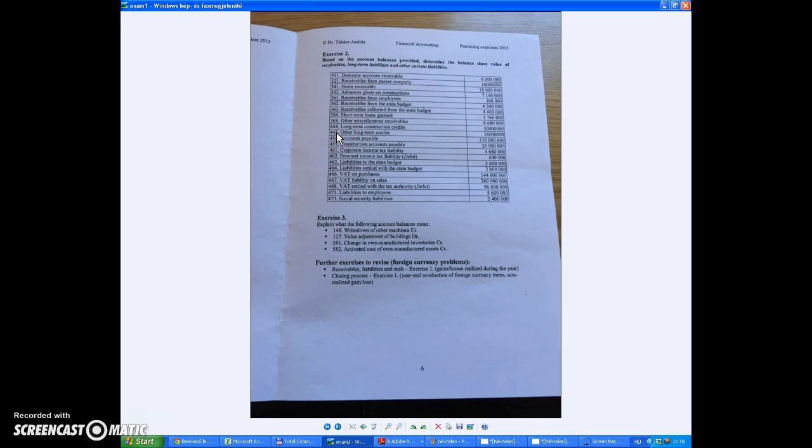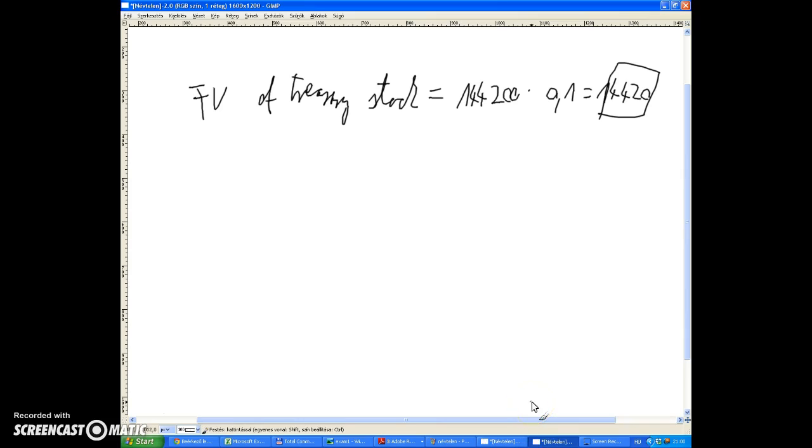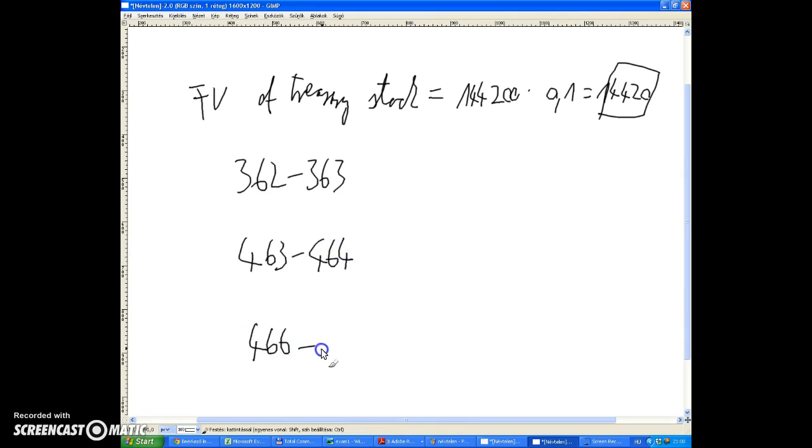But we also have to watch out for three groups of accounts, and let me write these. One group is 362 and 363. Another group is the 463, 464 accounts. And the third group is the VAT accounts 466, 467, and 468.